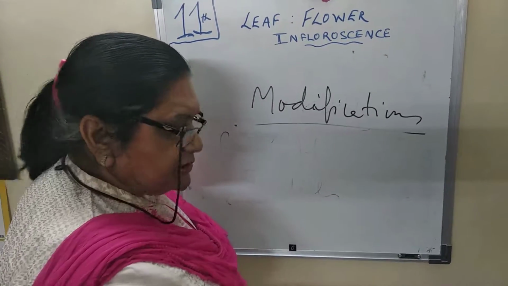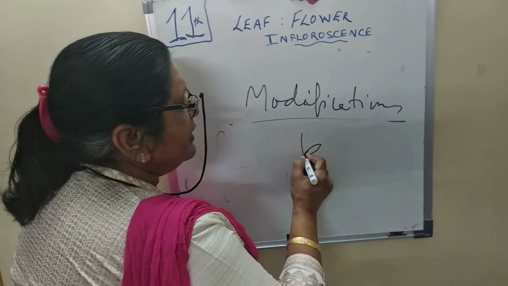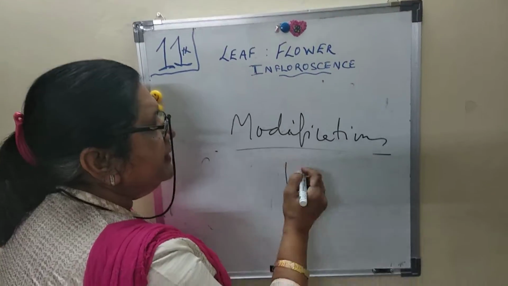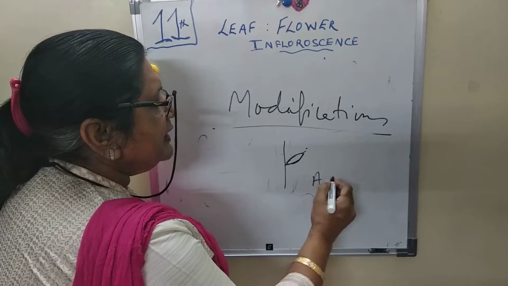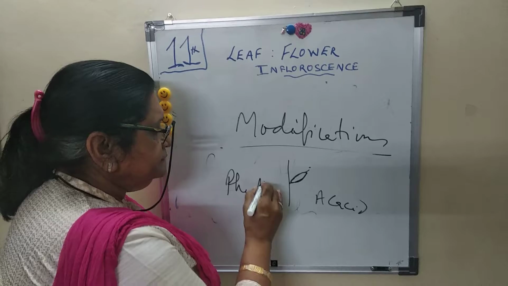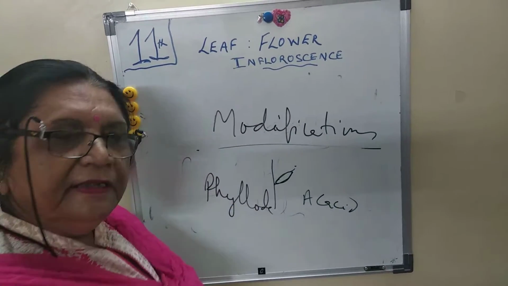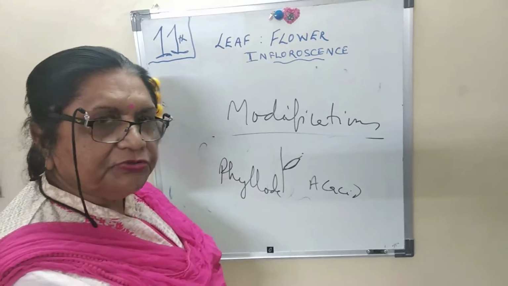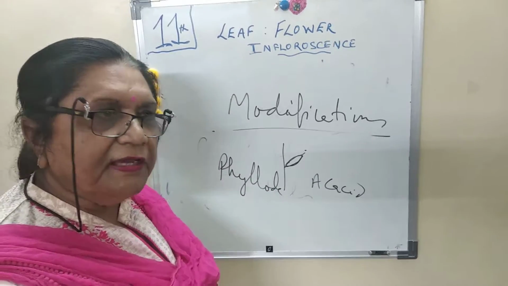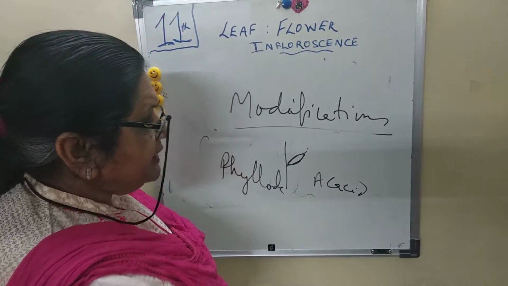Second modification: sometimes the petiole is modified in the form of a leaf, as in Acacia. Then the condition is phyllode. In the stem it is phylloclade; in the leaf it is called phyllode. So a question can come for the paper: difference between phylloclade and phyllode.